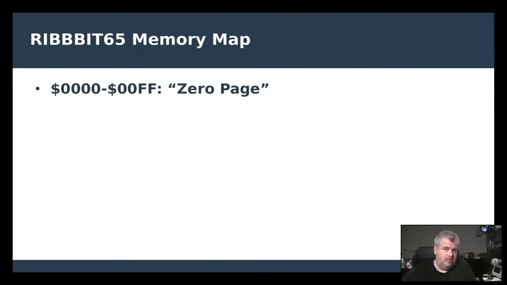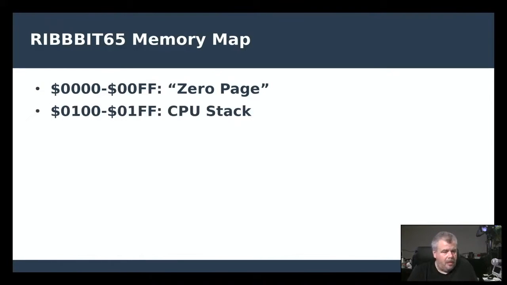That's just baked into it. And if you're familiar with the 6502, you know what I'm talking about. The second 256 bytes are the CPU stack. And again, this is baked into the 6502. You are stuck with that stack size.